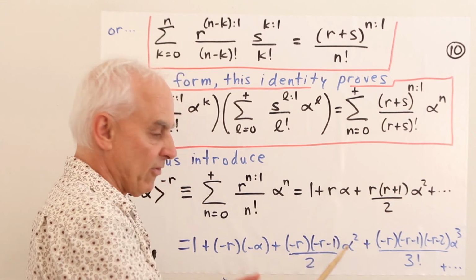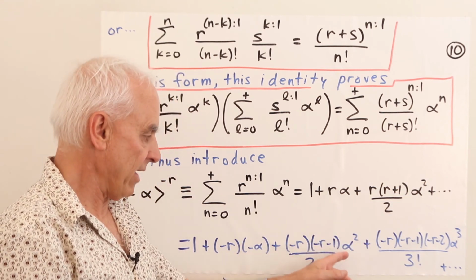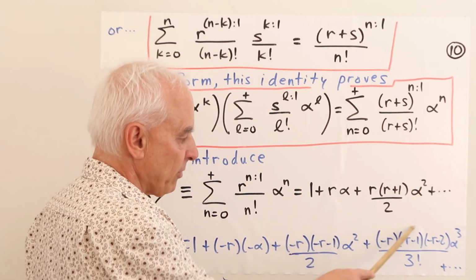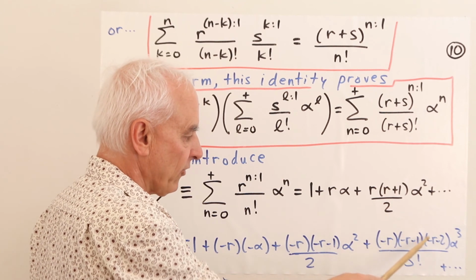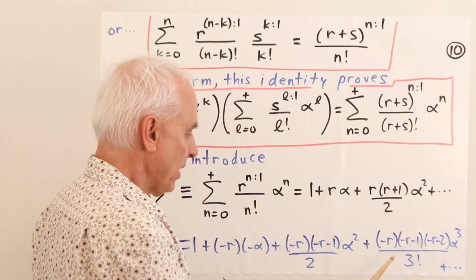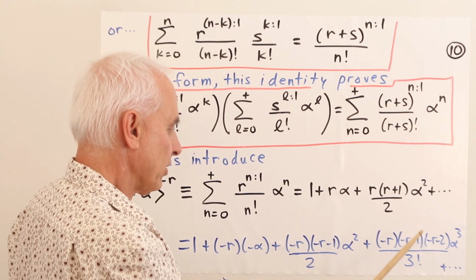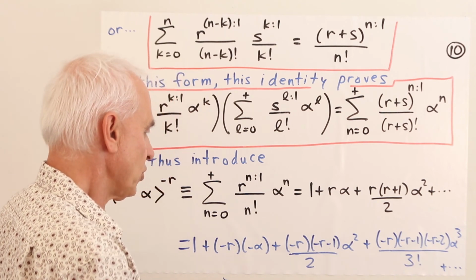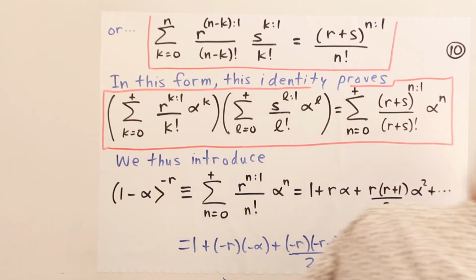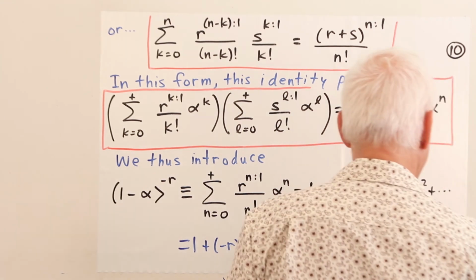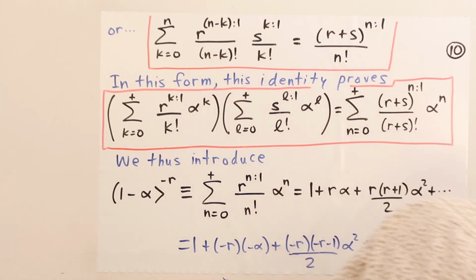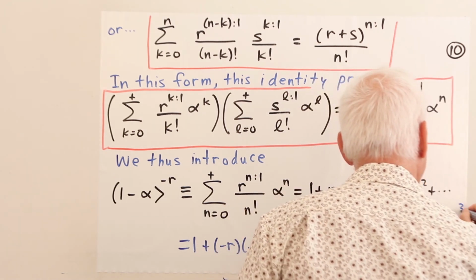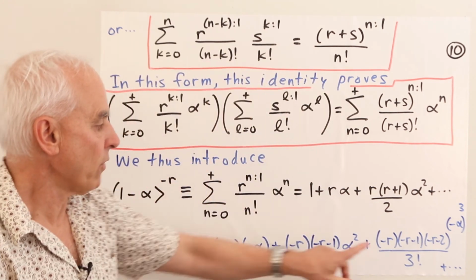The alpha squared is the same as minus alpha squared, so we don't have to put the minus sign there. Over here we do, but not here. And then the next one, instead of r times r plus 1 times r plus 2, we have minus r, minus r minus 1, minus r minus 2, alpha cubed, with altogether a minus sign. There should be another minus sign, sorry. So we have to multiply over here by minus alpha cubed, all over 3 factorial.